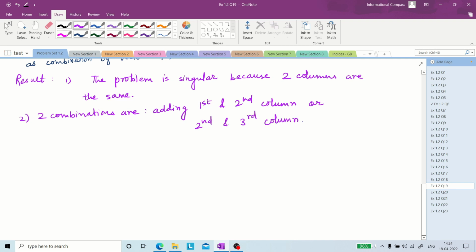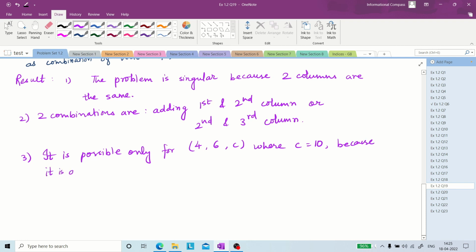Okay. And the third solution is, it is possible only for 4, 6C, where C is equal to 10 because it is a multiple of 2, 3, 5. Okay, so this is our result.